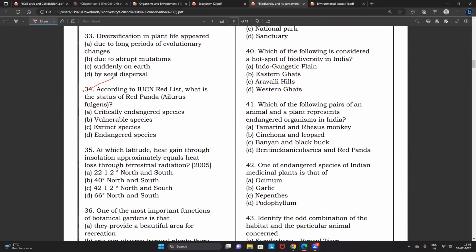Question number 34. According to the IUCN Red List, what is the status of the red panda? Think, friends, think and answer. Red panda, IUCN status. I have given this. Good. So what is the red panda?